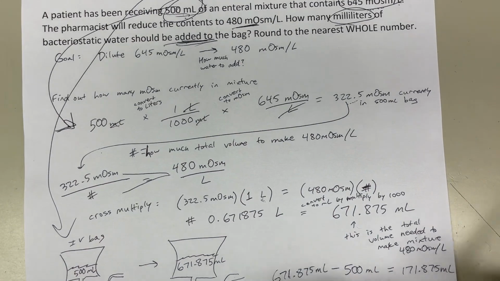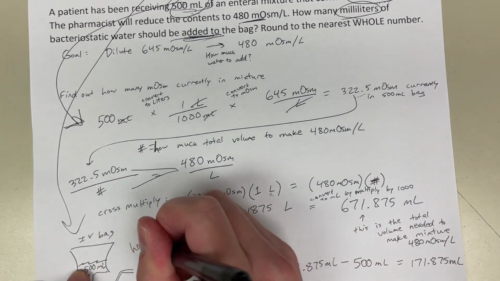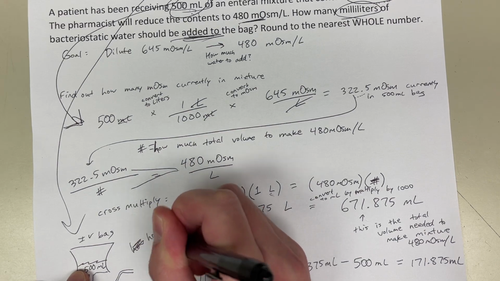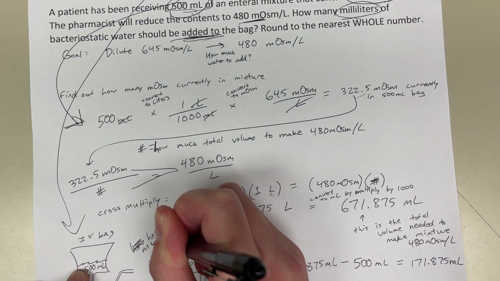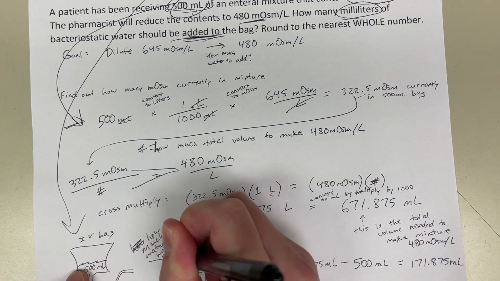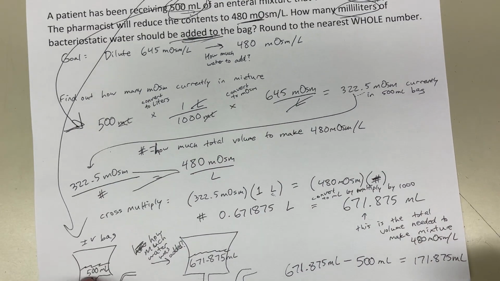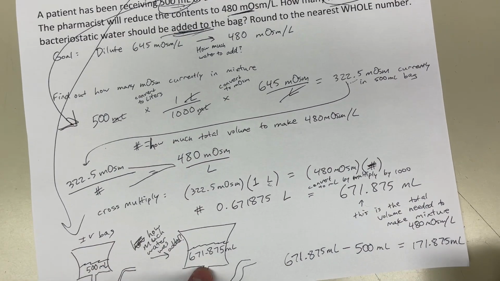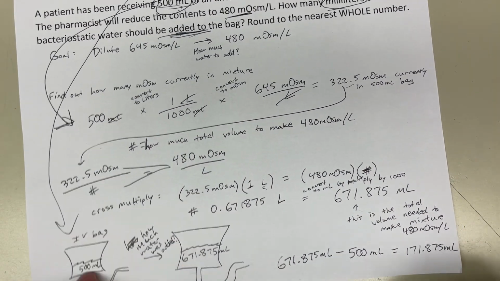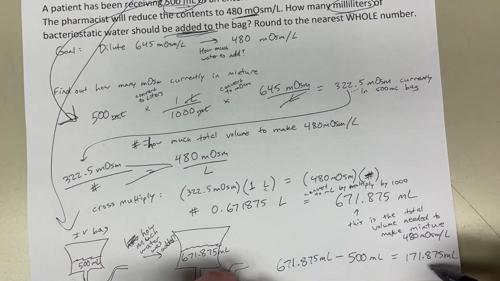Because that's how much more water we're going to add into this. This is what the question is asking, how much more water was added to this. That's why I subtracted this number from this number.